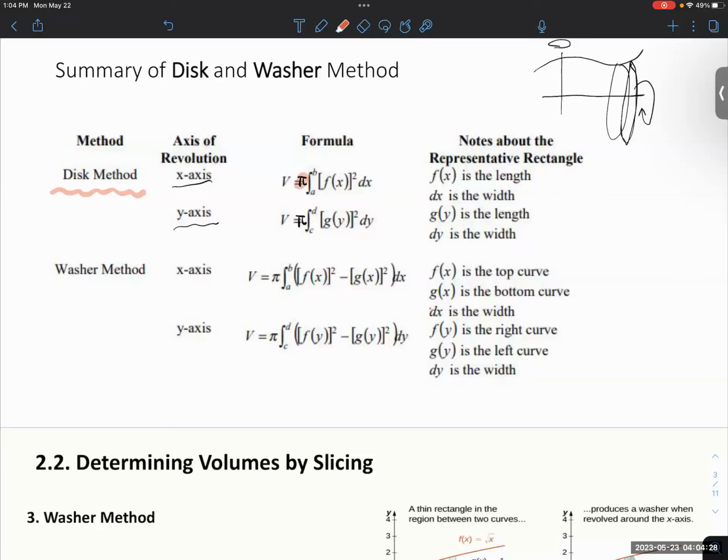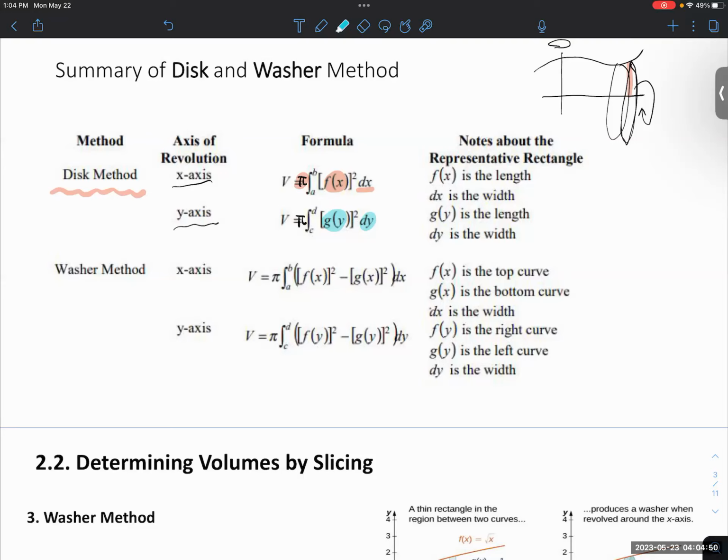So you have pi r squared, where the function is the radius, and then dx, this is rotating about the x-axis. But if you're rotating about the y-axis, every function should be written in terms of the y variable. So pi, the function written in terms of y, and you take the integral in terms of dy. So that was the disk method.